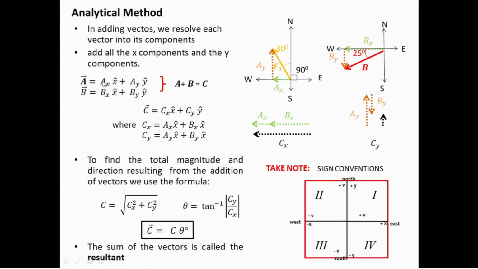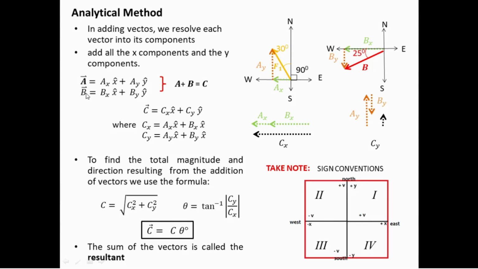A sub x is the x component of vector A, and A sub y is the y component of the same vector A. And in the other vector, since we have to add A and B, in vector B we have B sub x as the x component of the vector, and then we have B sub y as the y component of the vector B.